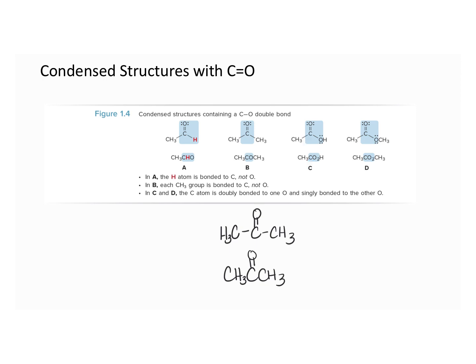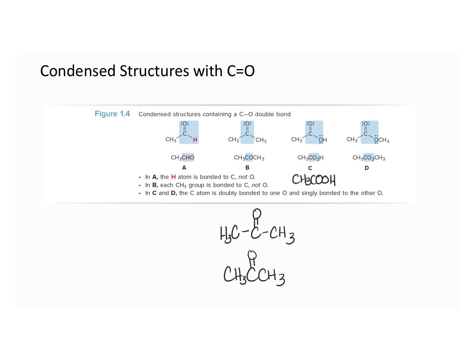Here, this particular arrangement where you have a carbon that has a double bond to an oxygen and a carbon with a single bond to an oxygen and then a hydrogen, can be shown like this, where it's CO2H. Or sometimes you're going to see it as CH3COOH.